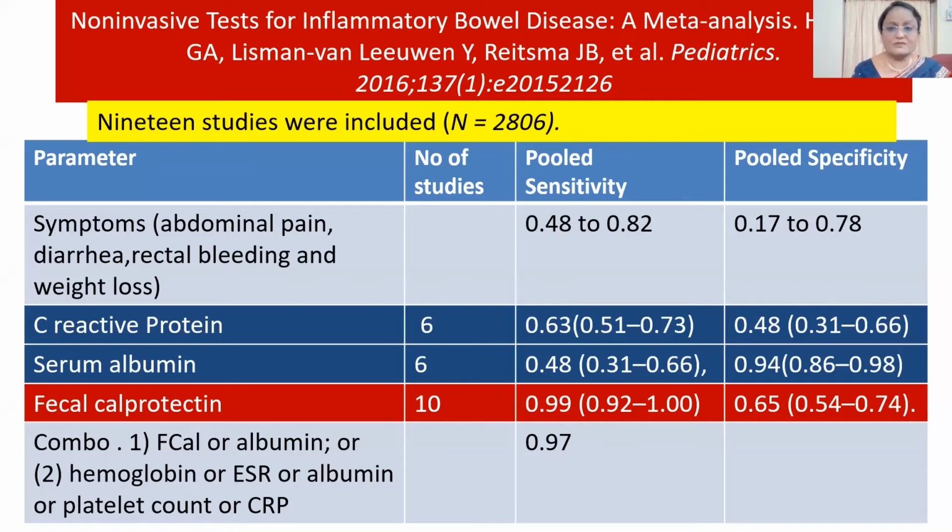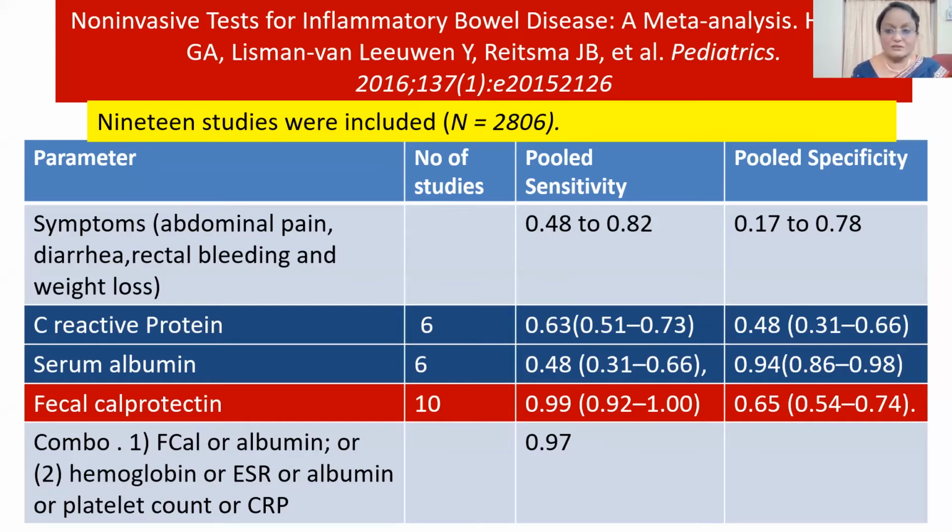And in 2016, another meta-analysis came that did not look at fecal calprotectin alone for sensitivity and specificity to identify these children. Holtzman did a very good meta-analysis and published this, where he looked into 19 studies, a total of 2,806 children, and what did he find? He found that symptoms, abdominal pain, diarrhea, rectal bleeding, and weight loss were not very sensitive.